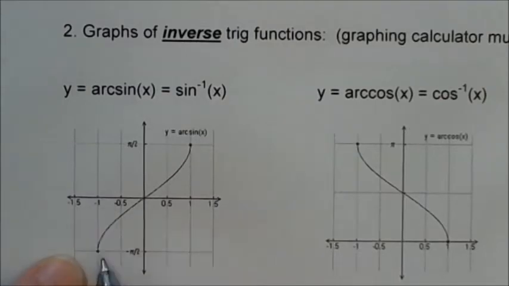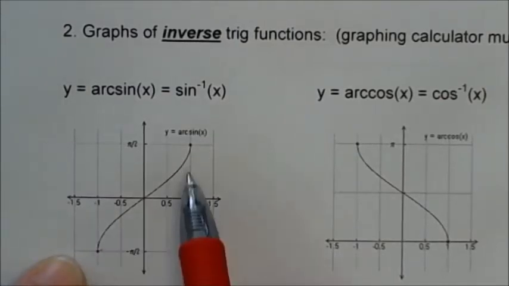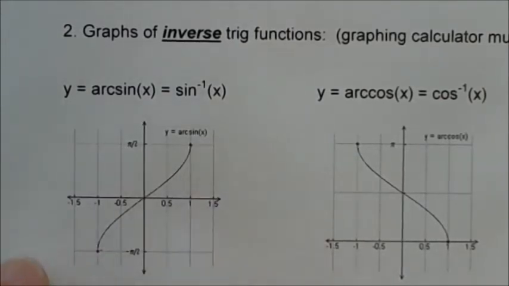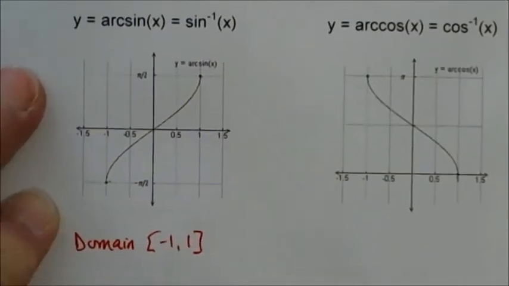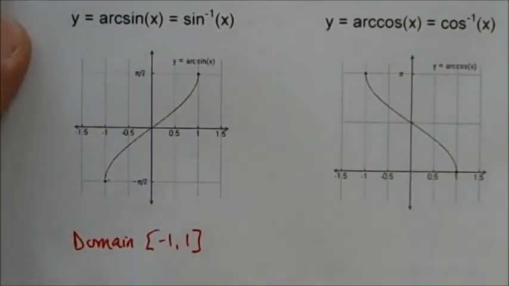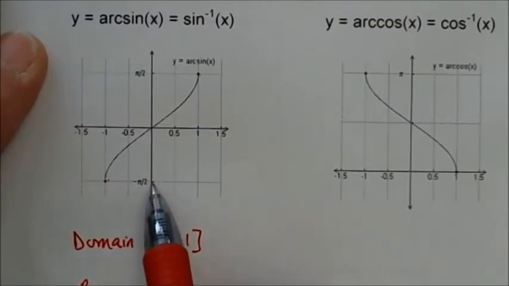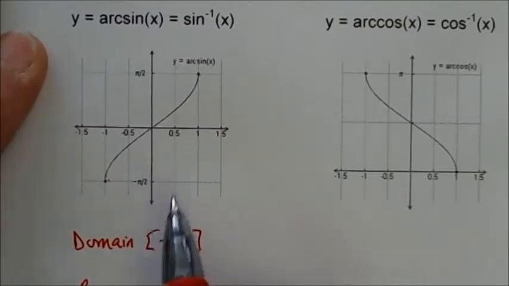Our domain, we're going from negative 1 to positive 1. We'll see why that is on the next page of the notes. And our range is going from negative pi over 2 to pi over 2.